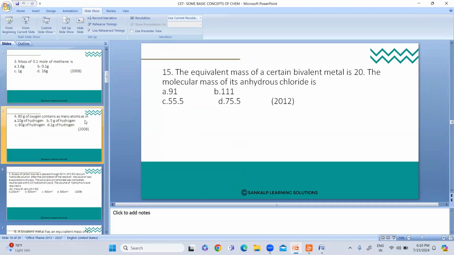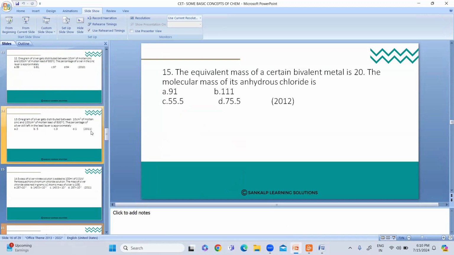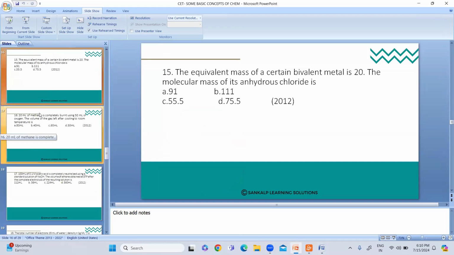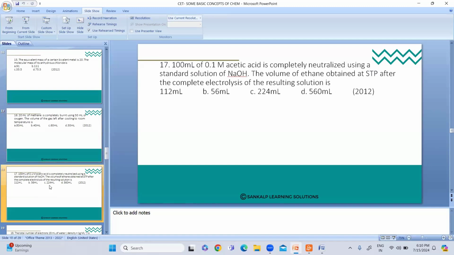We have solved the question based on molecular mass, so we will not solve that. We will solve some different questions. Let us go for this particular question.